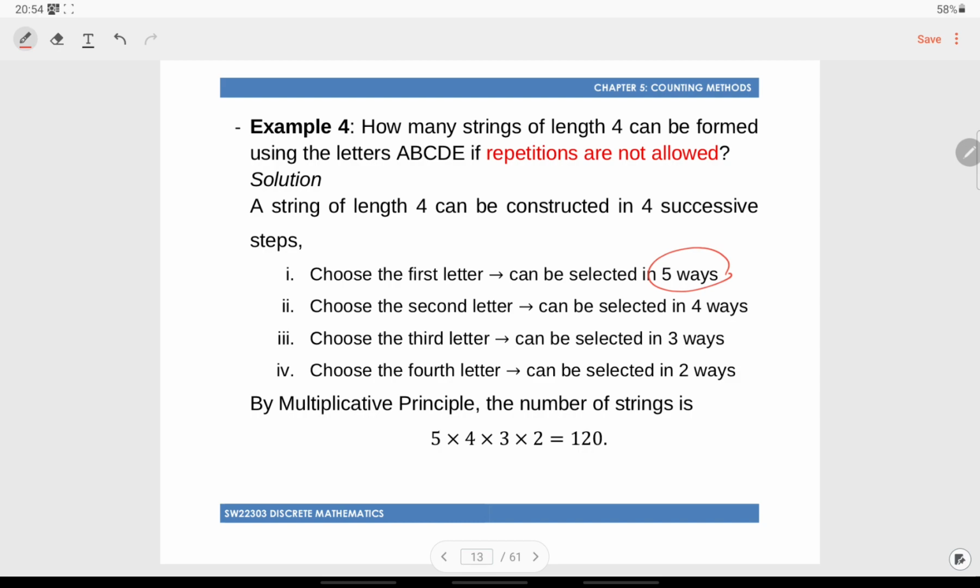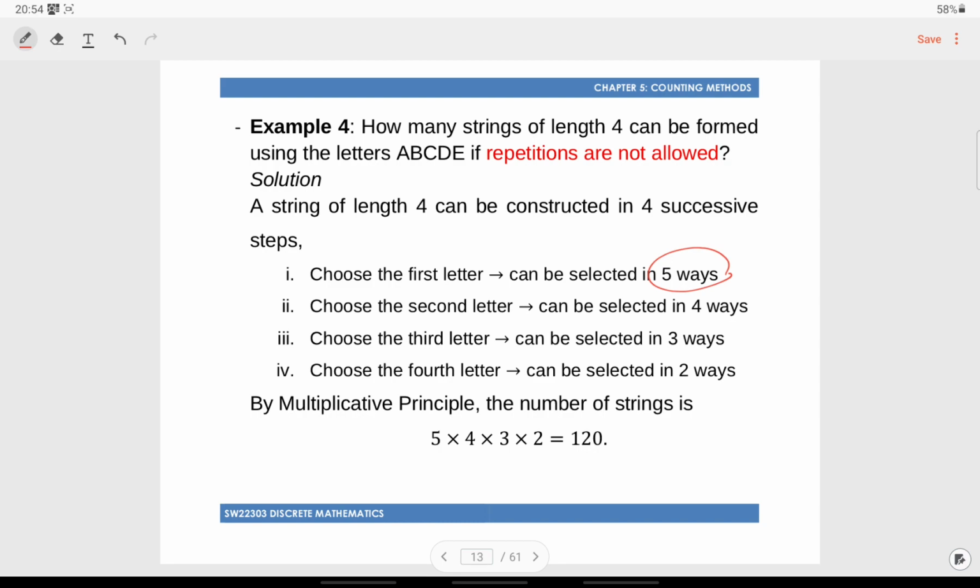We take 1 letter out of 5 letters. Because repetition is not allowed, we have to take into account the number of letters that has been taken. So in the first step, we take 1 character as a selection for the first step.